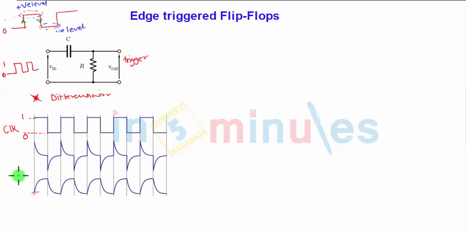This is going to be the voltage across the capacitor. If you see carefully, this is the 0 level and this is the 2 by 3 VCC or V in level, you can say, to which the capacitor gets charged. So this part is the charging of the capacitor, whereas this part is the discharge of the capacitor.